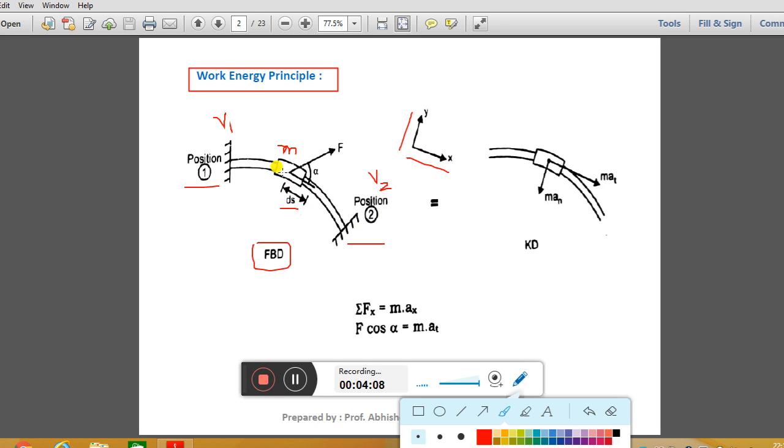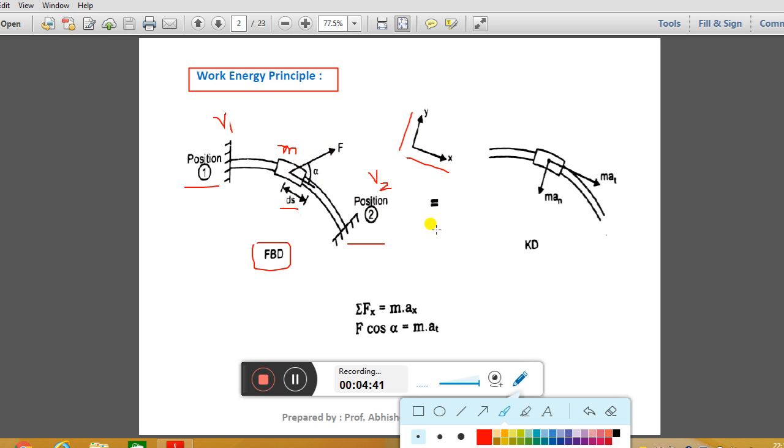The force is acting on the collar at an angle alpha with the tangent to this curved path. So this angle alpha is the angle between the force and the tangent to the curved path.